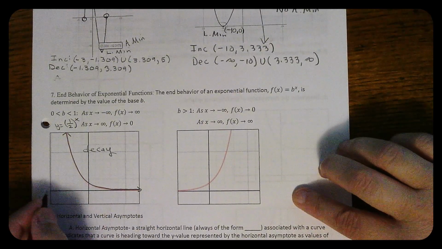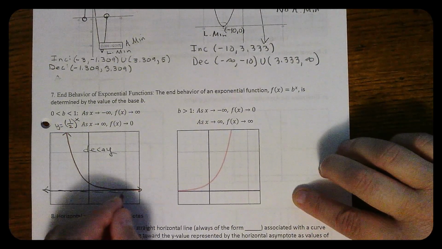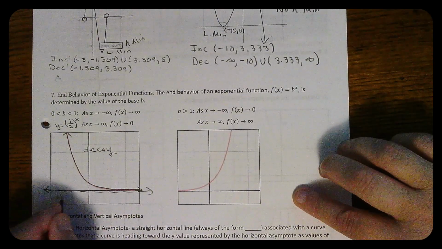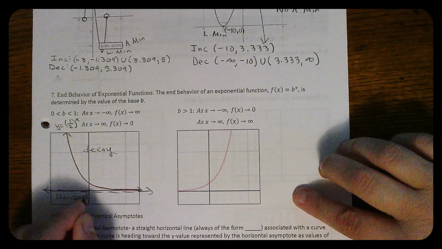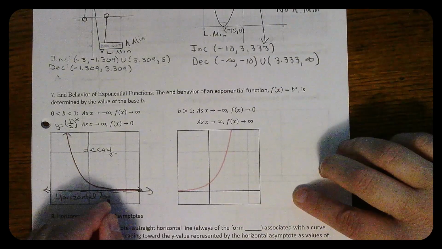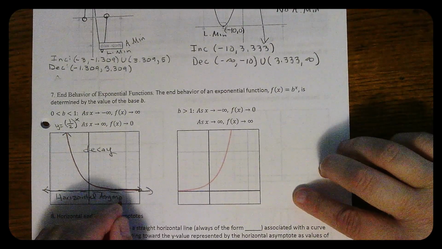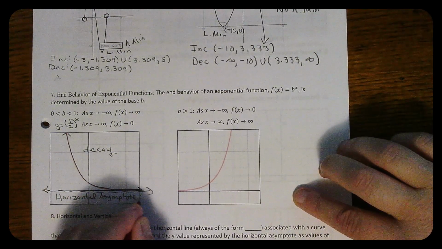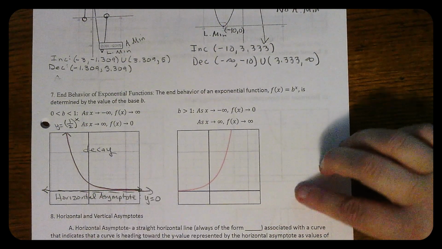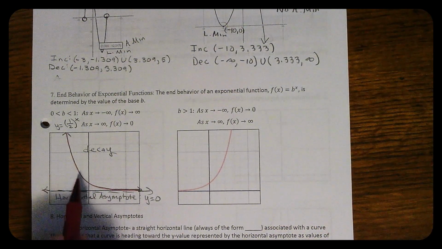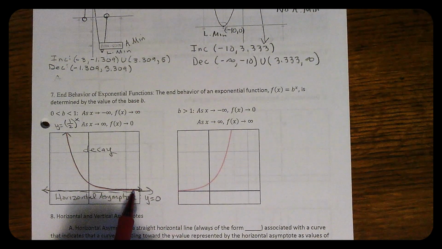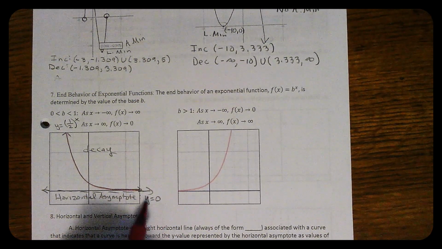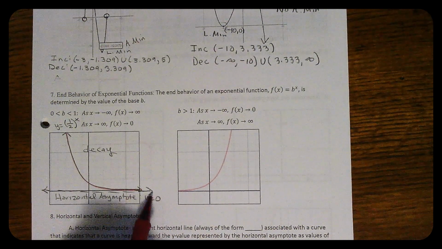So there's something called a horizontal asymptote. The horizontal asymptote for this problem is y equals 0. There's a horizontal line that this exponential is trying to touch, but theoretically will never touch. It'll never get there. It's just going to get infinitesimally close to it.